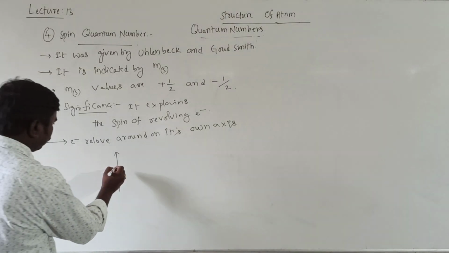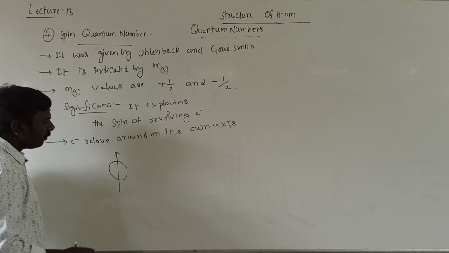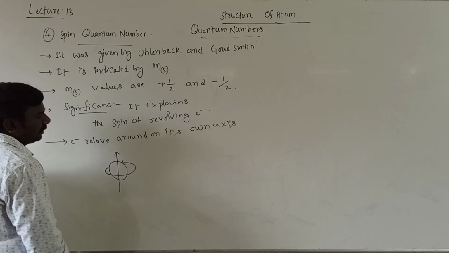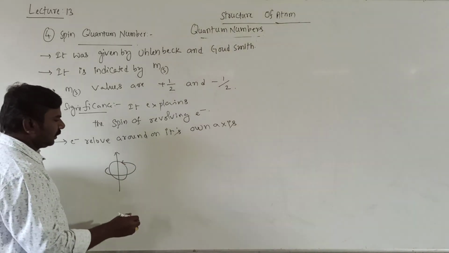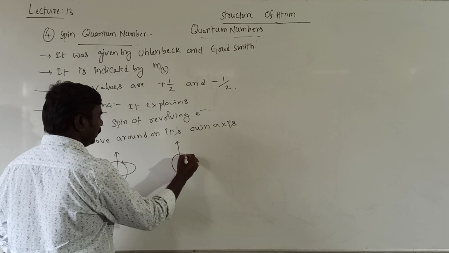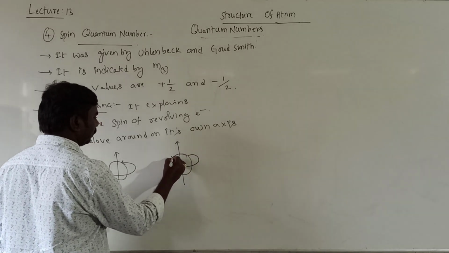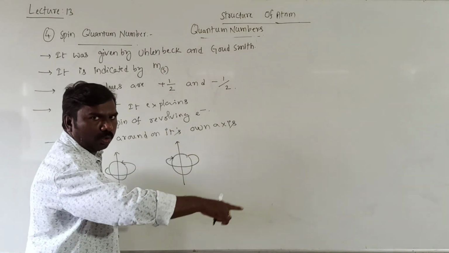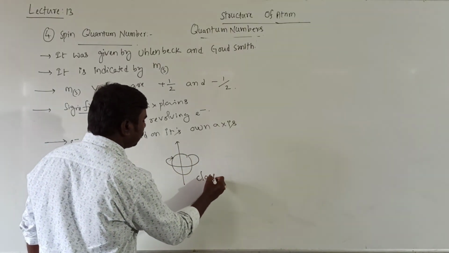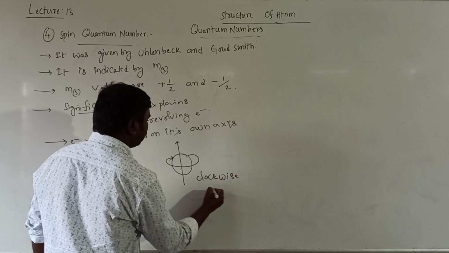This is revolution, for example, like this. It is anti-clockwise. Next, on its own axis, this is clockwise. Clockwise, anti-clockwise. Clockwise, that is plus half.